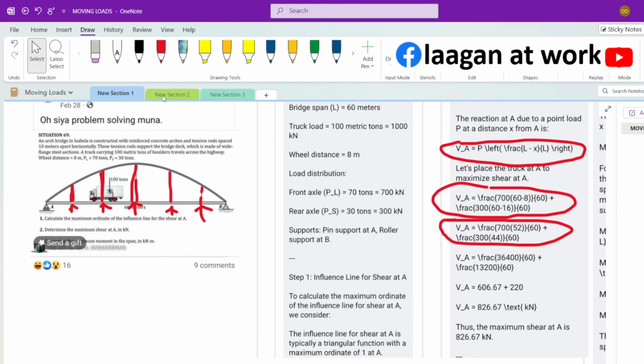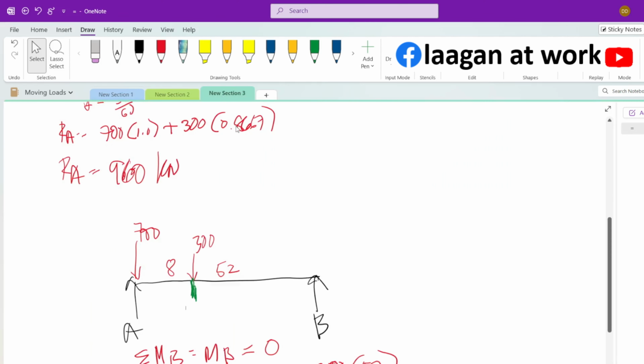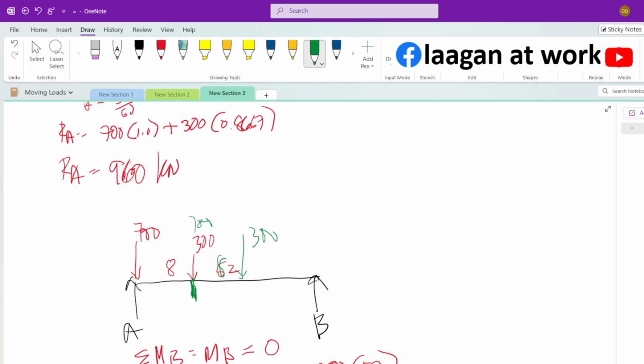So it is right somewhere here. So this is the 700, and then this is the 300, which is 8. That's why I don't know why he positioned the axle 8 meters away from support A.